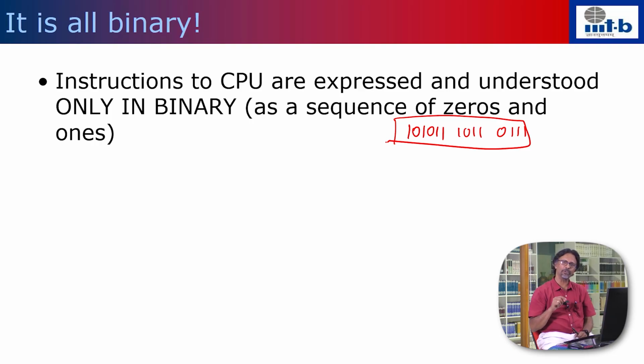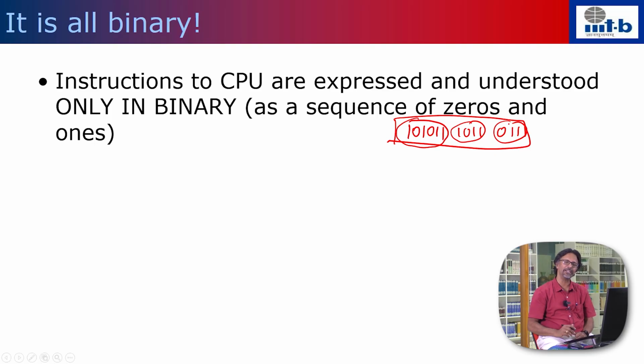So the beauty of this whole thing is the CPU is programmed to understand the strings of zeros and ones. At first glance, even these zeros and ones do not make any sense to us human beings, right? But to the CPU, it makes a lot of sense. And this is where you will also see that the first part is called the instruction itself. This is essentially the data, right?